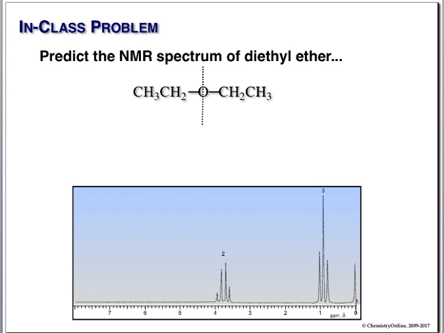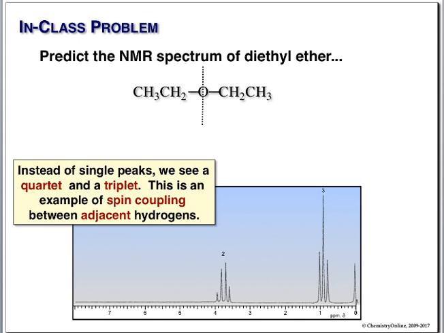And this is a bit less than 4. Why is this a quartet and this a triplet and not single peaks? That's because the signal is being split by the protons on the adjacent carbon. Spin coupling between adjacent hydrogens.